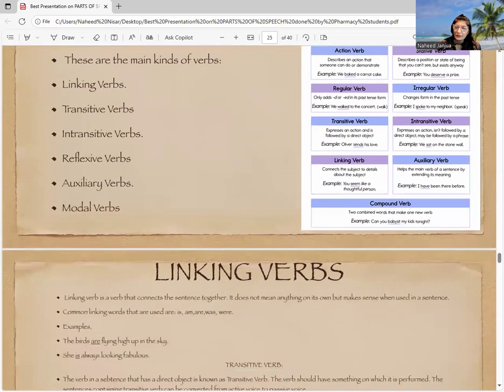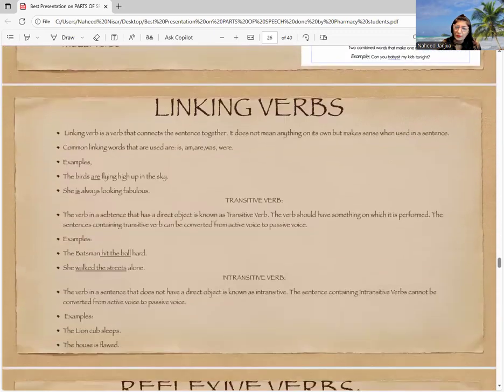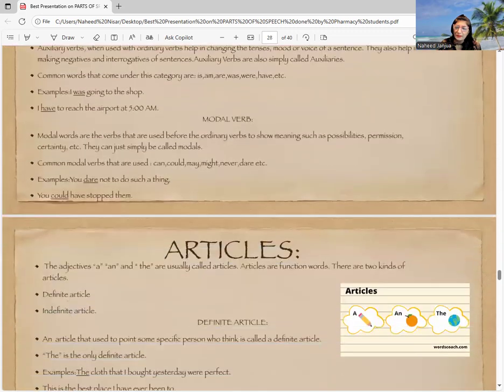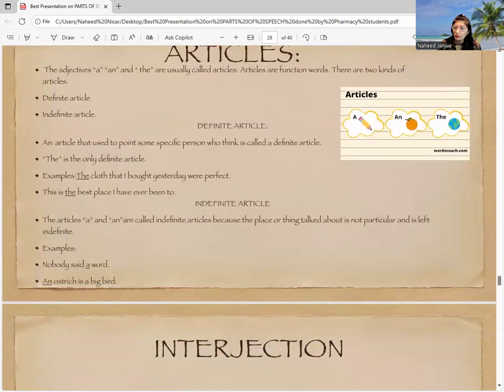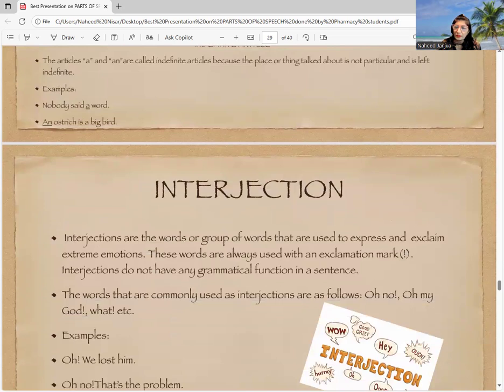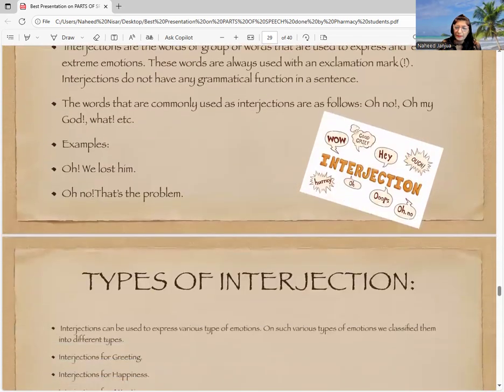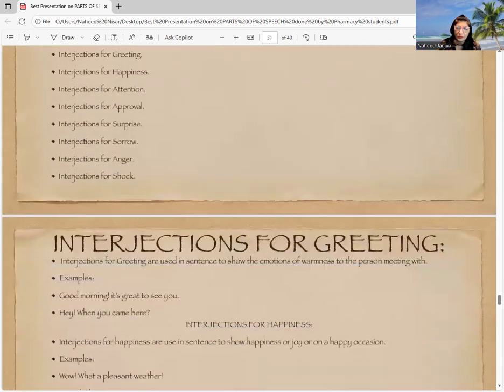Let me tell you that on both sides, like on the law and the pharmacy side, no identification of the type is demanded. So see that, that is the difference. You only have to identify to which part of speech the given word belongs.